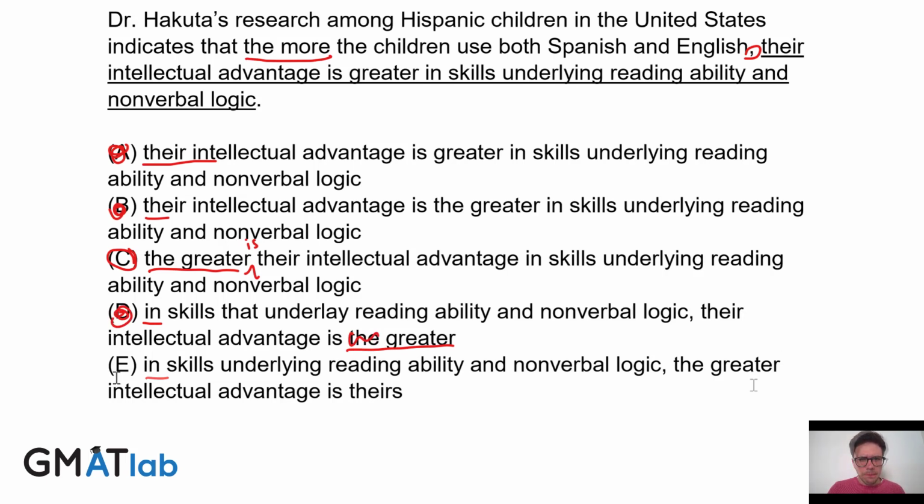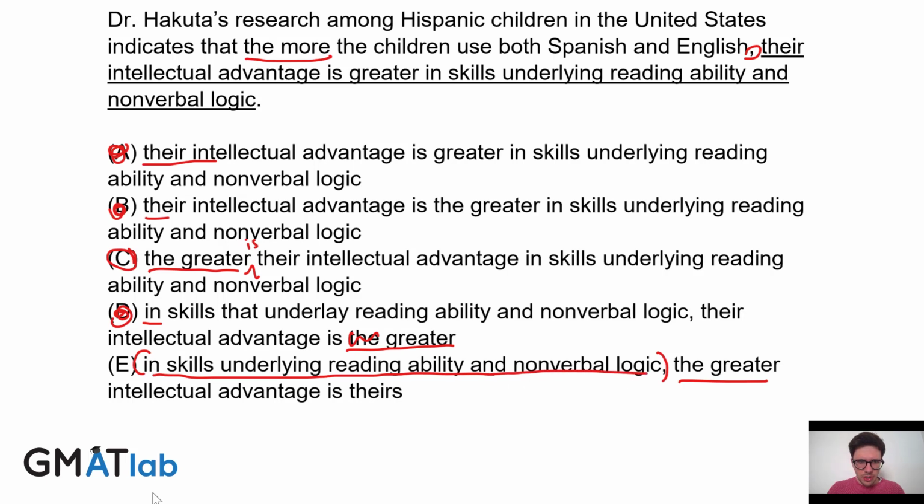And now finally E. If we look at E, we'll see that we do have the greater after a comma, but the thing is we have this intervening prepositional phrase, in skills underlying reading ability and non-verbal logic, the greater intellectual advantage is theirs. And so the more children use blah blah blah in skills underlying reading ability and non-verbal logic, the greater. So this intervening prepositional phrase shouldn't be here.